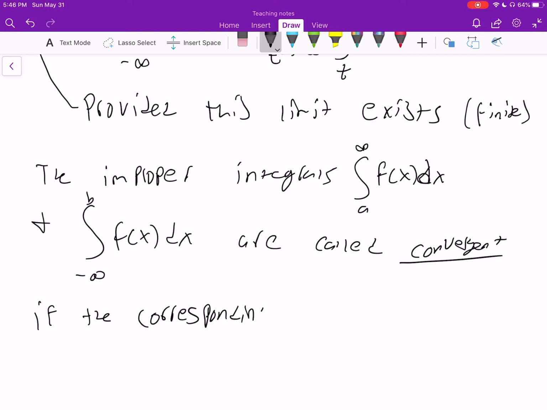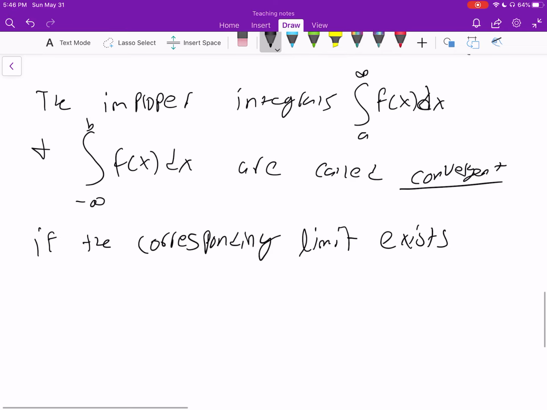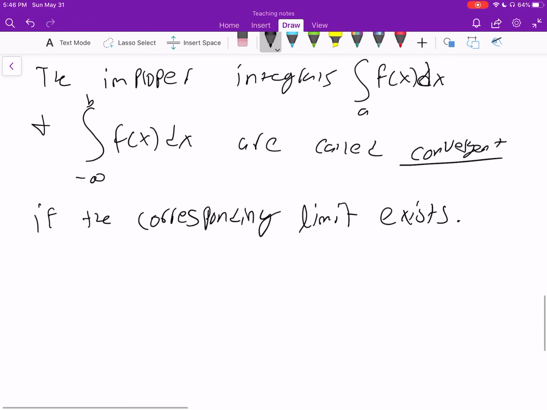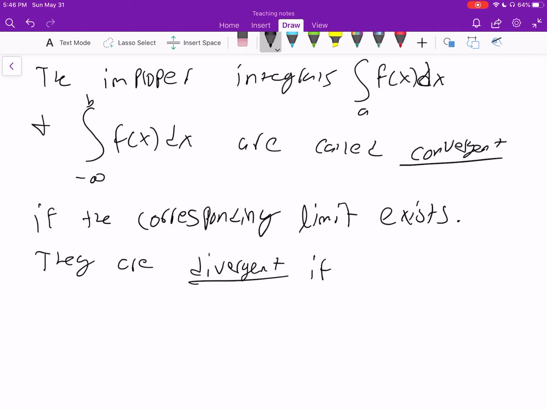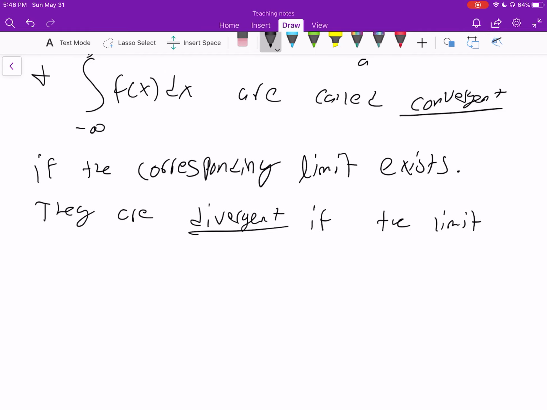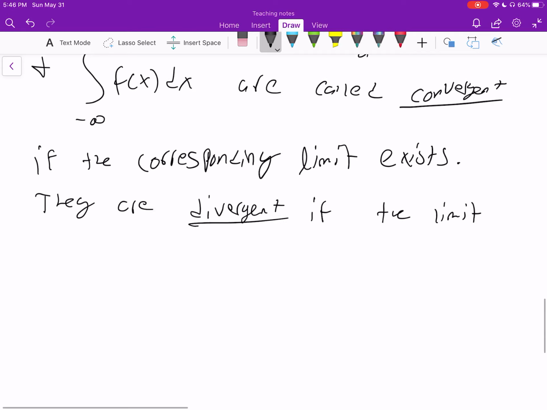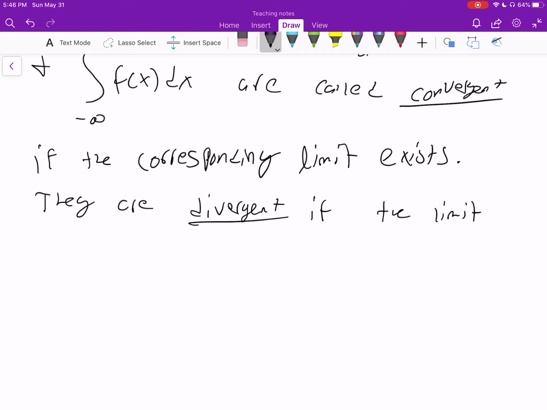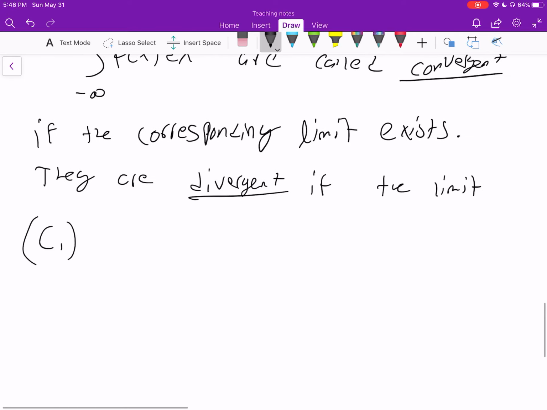And of course, you can probably guess what they're called if it doesn't exist. They are divergent if the limit does not exist. This can mean going off to infinity or negative infinity. That's typically what we'll mean when we say divergent. You could have some other situations that we're not going to get into, and if we see them, we'll cover them.